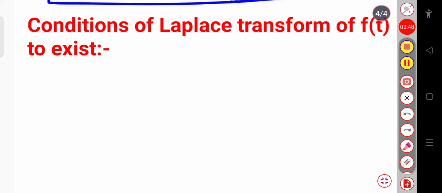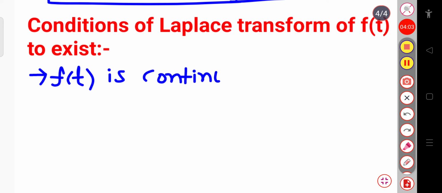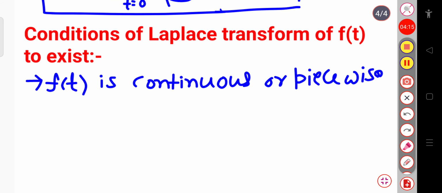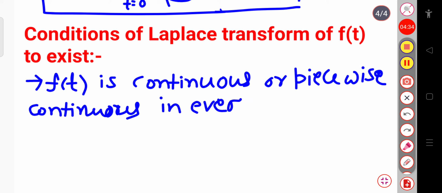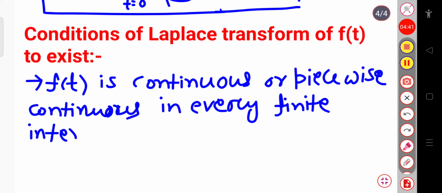The first condition is that the function f of t is continuous or piecewise continuous in every finite interval.